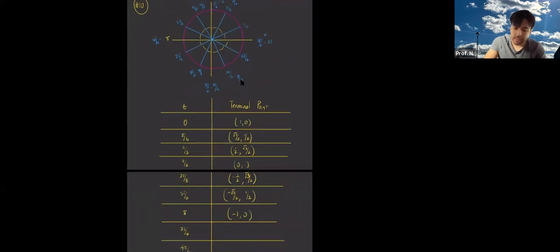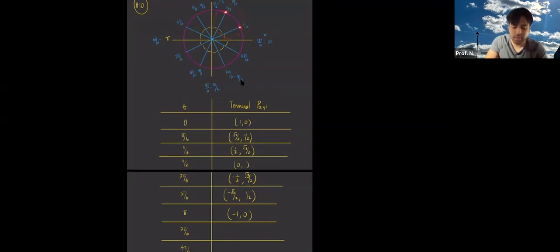So if you notice, these values here are the reference angles. Once you know the reference angle, you know every point around this particular image, because all you have to do is know where you are in the quadrants. That gives you the sign of your point, and then you refer to the reference ones.